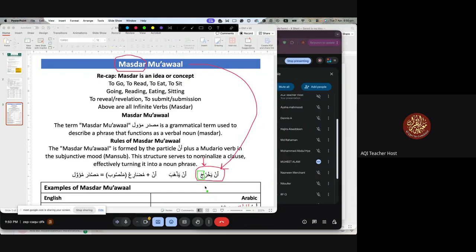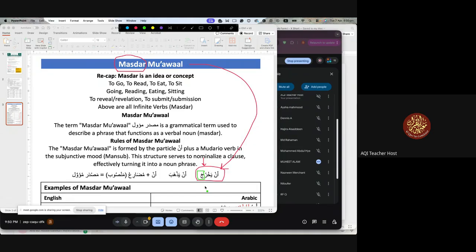Before that example, you said it acts like a noun. How? A bit more explanation on that. An is a harf, a particle, right? And yakhruju originally is a verb. So a particle an joined a muḍāriʿ, and now it is acting like a verbal noun. Verbal noun is the name of an action. Going. I love to go.